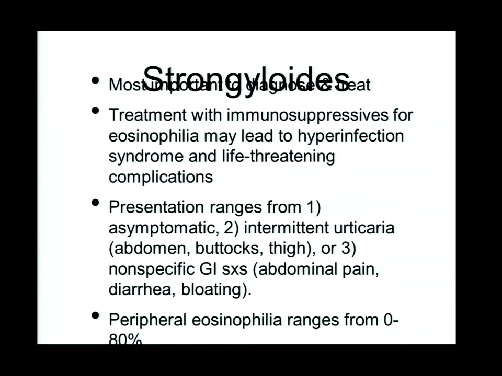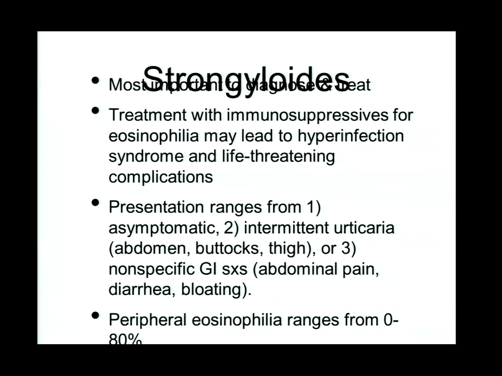And the problem with strongyloides and hypereosinophilia is if you suspect this, you definitely should think about empiric treatment with ivermectin, which is a broad-spectrum antiparasitic that's well tolerated and highly responsive for strongyloides infection.